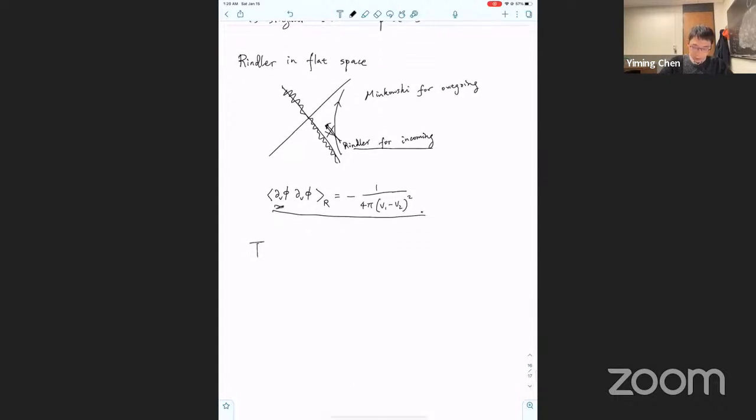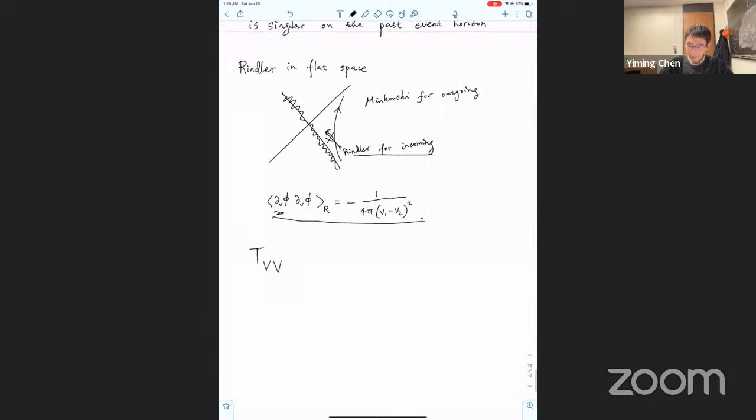If we consider the stress tensor in Minkowski coordinates, T_VV, if you remember, U is this direction and V is that direction. Let me just give you the final answer. It will be given by -1/(48 pi V^2). If you are interested, you can check this result by yourself.